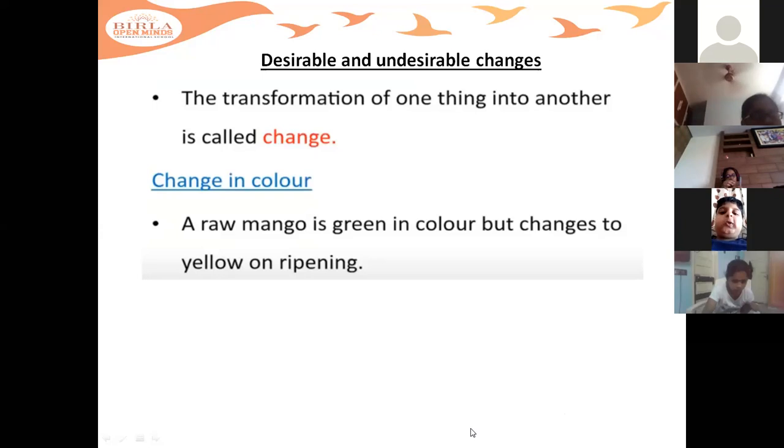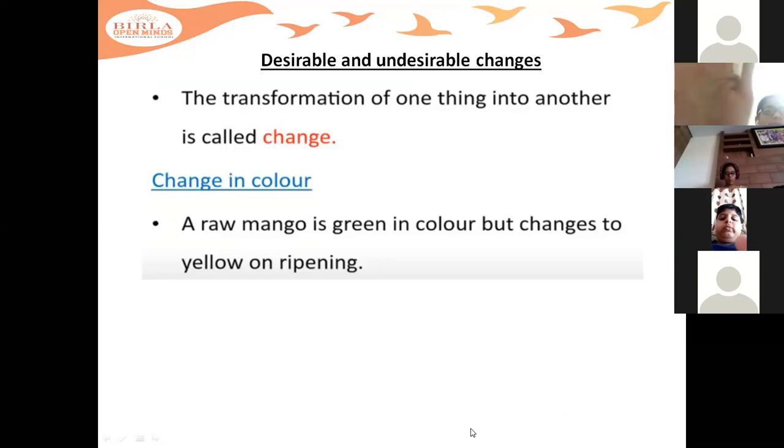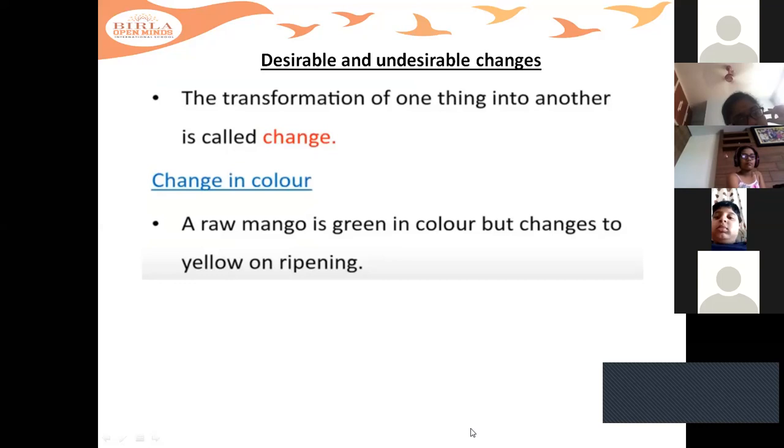Okay. I'll just check who is raising their hands. Manogna, yeah, Manogna, you can unmute yourself. Ashwin, do you have any doubt? Hitansh? No, ma'am, I want to say the example, ma'am.